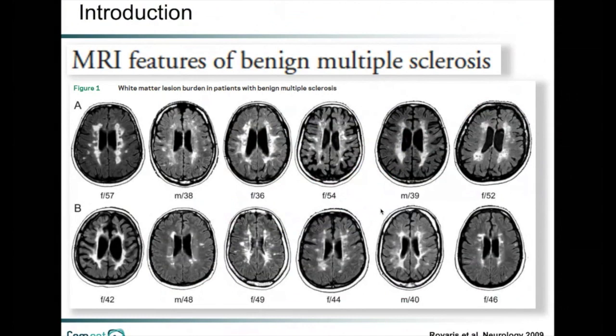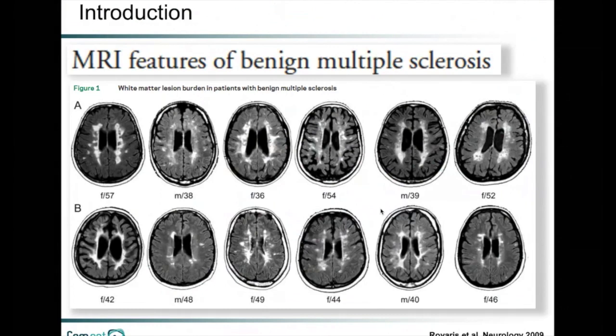And if you tell me which line is which, you will do me a favor because I cannot remember right now. And by the way, it's very difficult to differentiate only by the looks of the lesions which one is which, meaning that lesions are very useful, they tell us a lot, but they clearly don't tell us the whole story of what's going on in the brain of our patients.